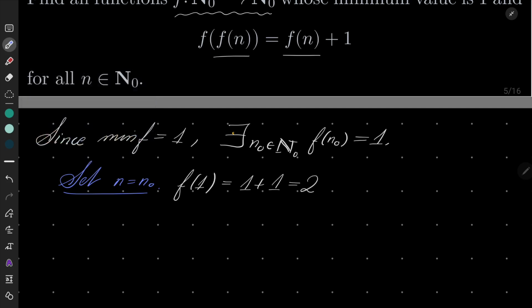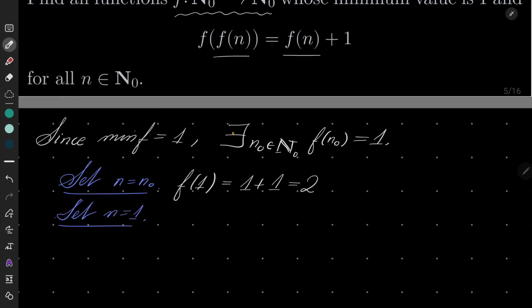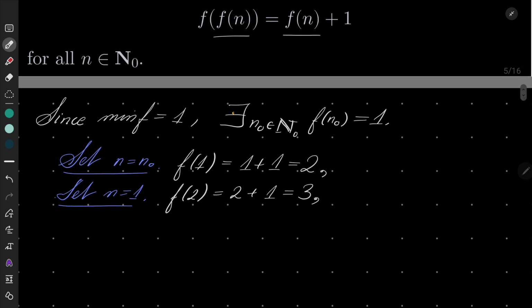And now I will set n equals 1. What happens then? If I put 1, I have f of 1, but f of 1 is f of 2. And on the right hand side, I have f of 1, which is 2 plus 1, and that is 3. Now I will set n equals 2.